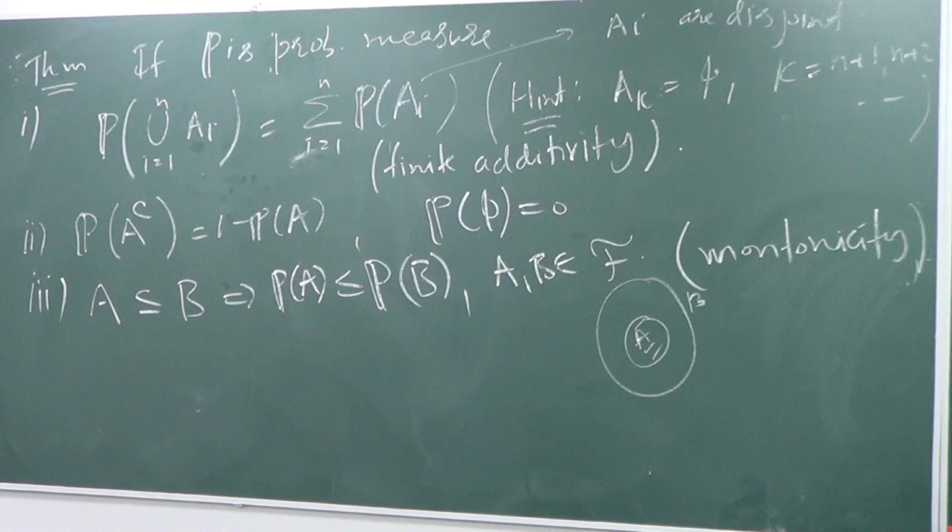Sir, one more thing: when we define P from F to [0,1], the earlier definition of the probability of an event, an element from F, can we give it a meaning here? If we apply it to an element of F, that will give the order of that event divided by the order of omega. We can't define that here. That is a particular case actually, just one example of it.